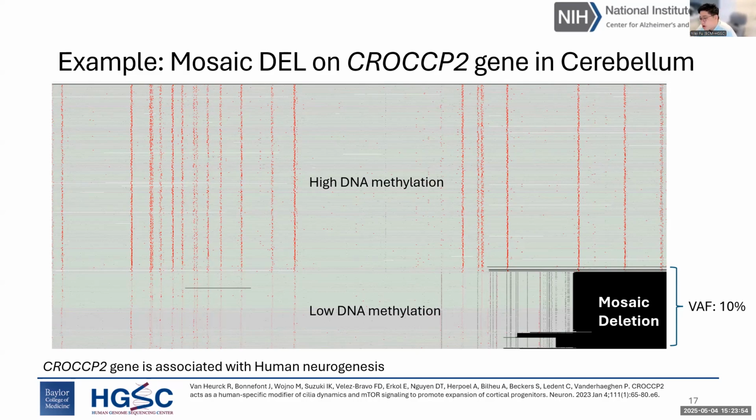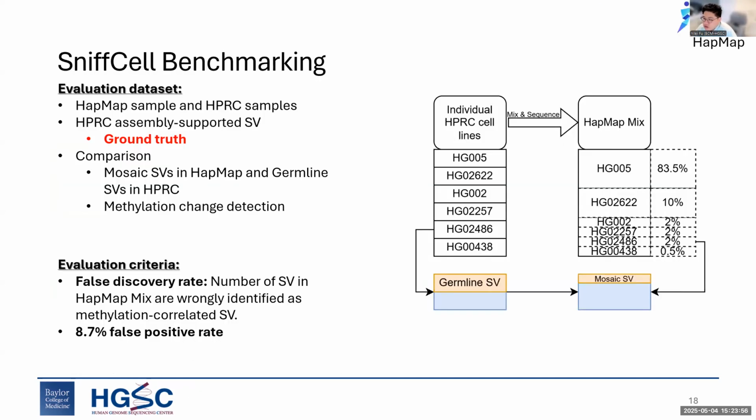Then we want to know how accurate it could be. To check our program's accuracy for identifying DNA methylation changes around mosaic SVs, we circled back to our cell line mix sample for benchmarking. We compared our somatic SV calling against the germline SV calling in the HPRC cell lines, along with the DNA methylation measurements.